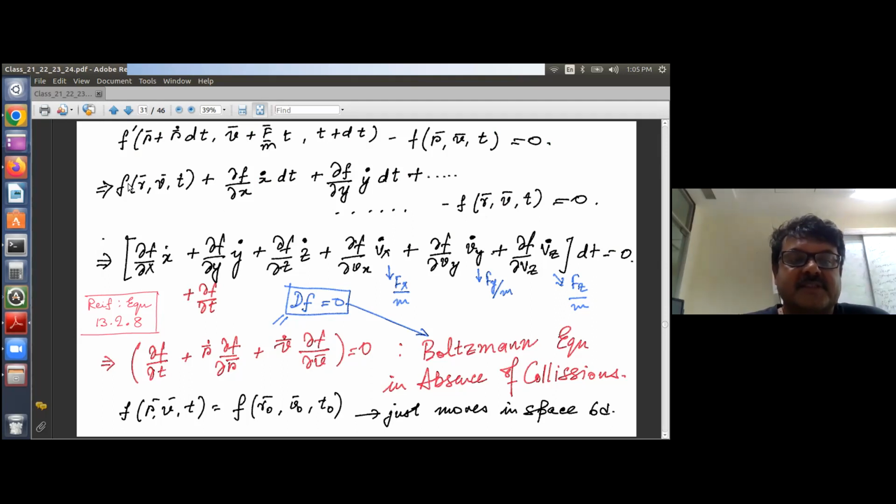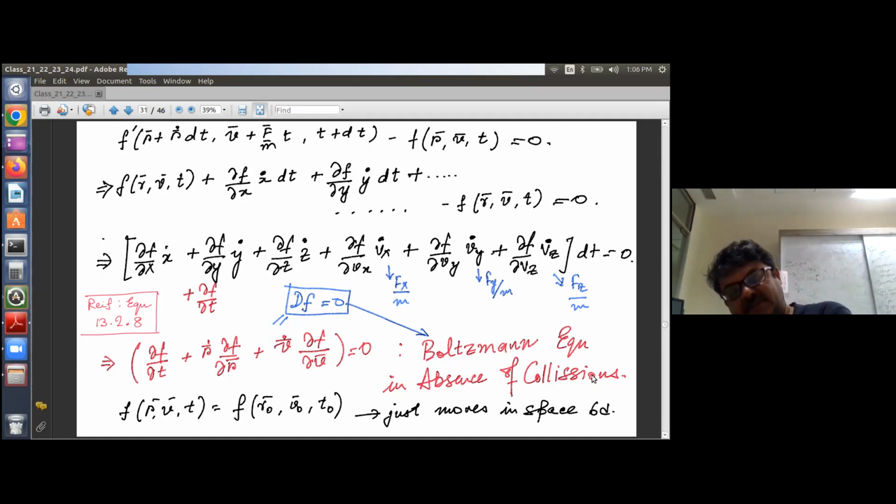The consequence is that this term and this term cancel, and the Boltzmann equation you get in the absence of collisions is del f del x, change of f in the x, y and z directions, and similarly del f del v terms, times dt, equal to 0. You write this as capital D f equal to 0. This is the so-called Boltzmann equation in the absence of collision.